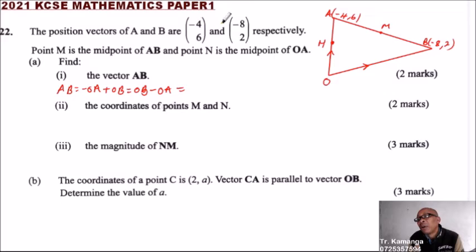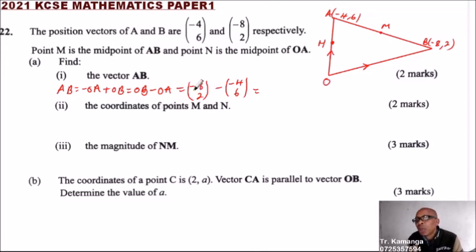We have been given the position vector, meaning the vector from the origin. So OB is (-8, 2) minus OA, (-4, 6).